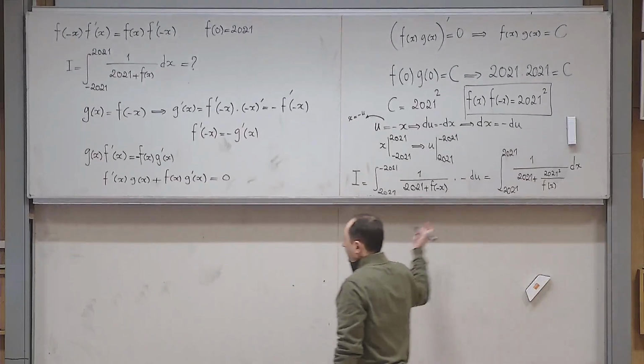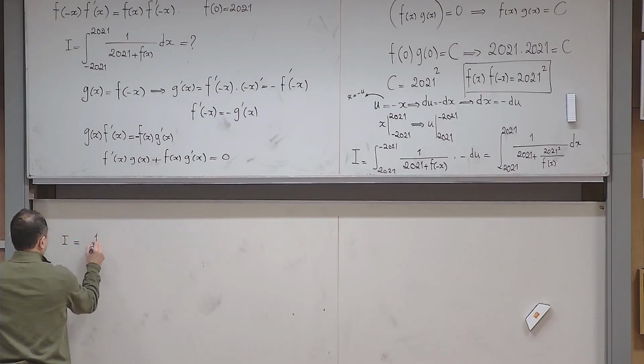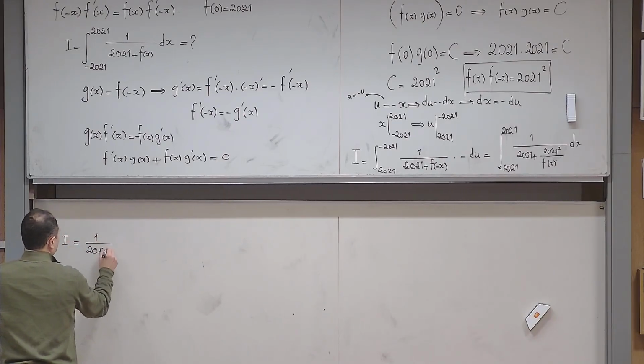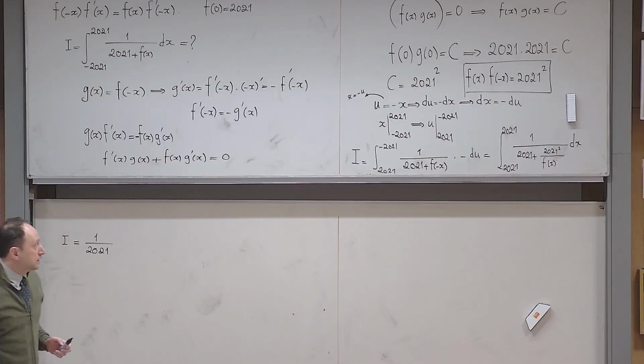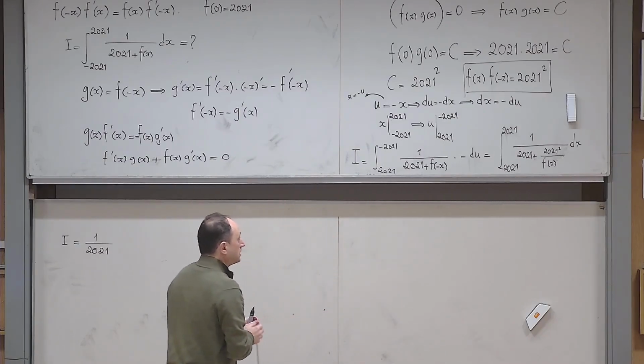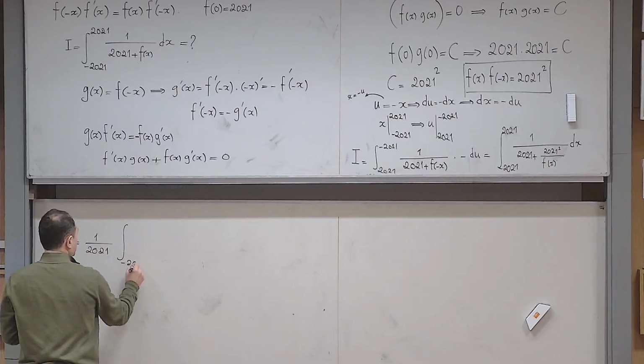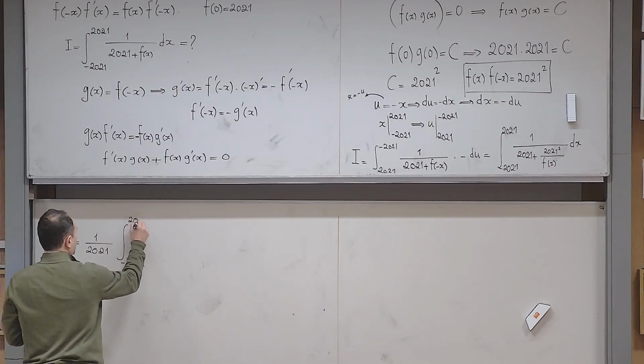So I becomes equal to 1 over 2021. Yes, do you see that? So I'm factoring this 2021 out. Yes. So what is left for me is the integral from minus 2021 up to 2021.